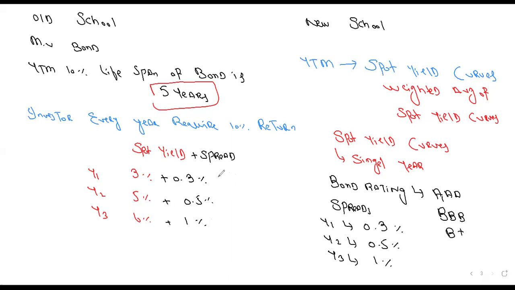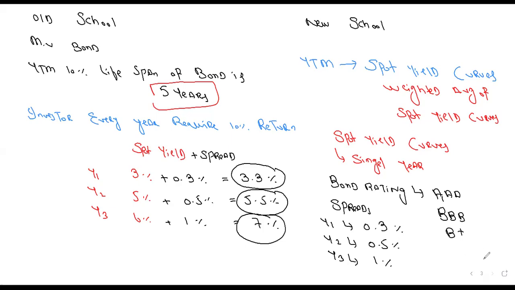So it will be 3.3, 5.5, 7%. Now, what will happen? The year 1 cash flows will be discounted with 3.3%. The year 2 cash flows will be discounted with 5.5%. And year 3 cash flows will be discounted with 7%.